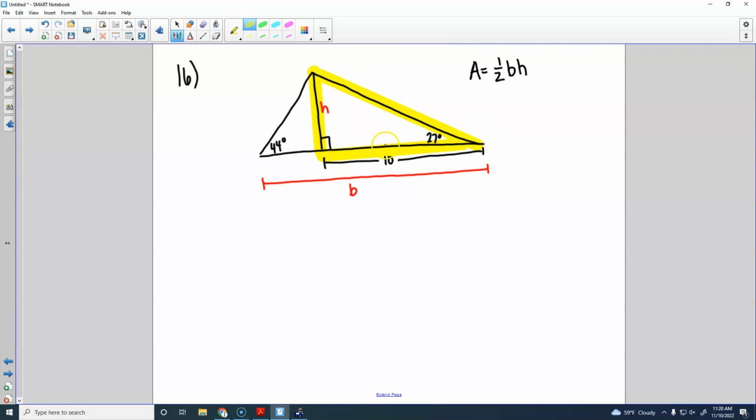This is a right triangle, so we can use trig. And we know one of the sides. So for this, H is the side I want to know right here. That's my opposite side. And 10, what side is that? Opposite, adjacent, hypotenuse. Adjacent. So opposite and adjacent, which trig function should I use? Tangent.